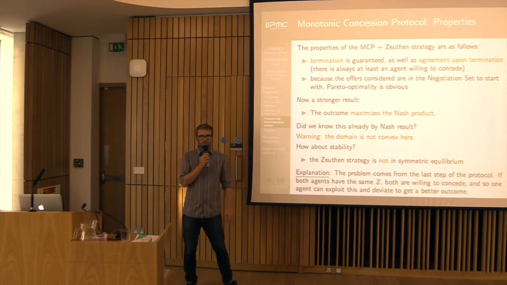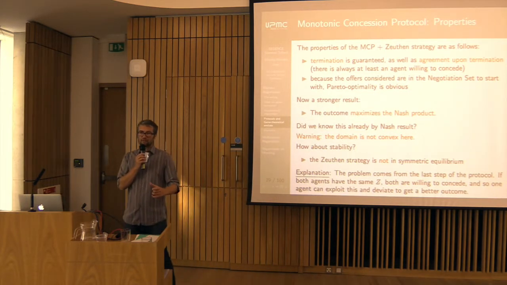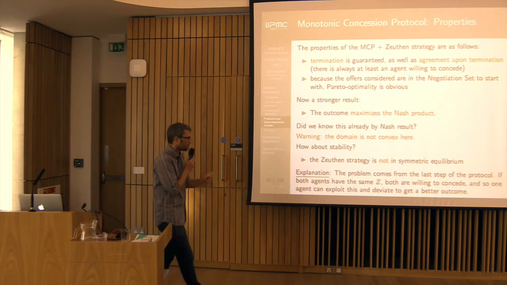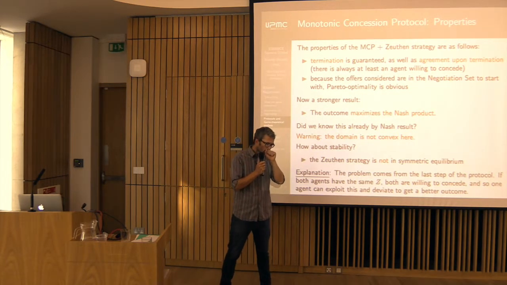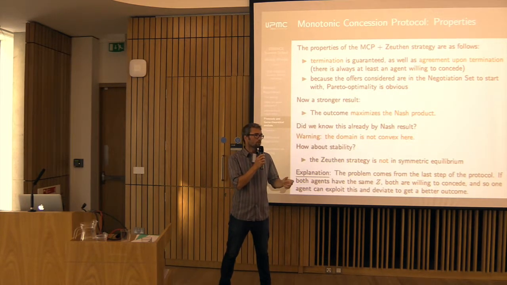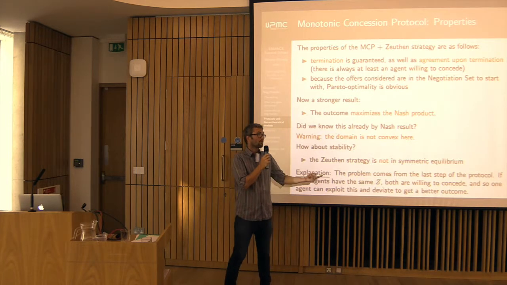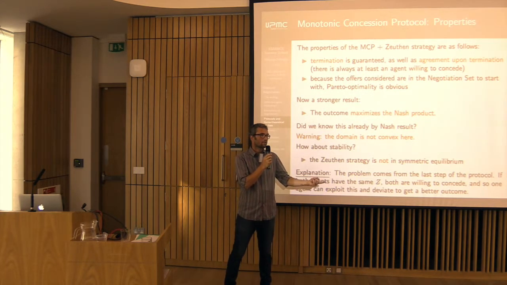And if this is the case, and this is the last step, you are in a game theoretical situation, a bit like a game of chicken, if you know this kind of situation. You can say, okay, I know that both of us must make a deviation, but I will let the other one do this. And I will actually be better off if only the other one does this.